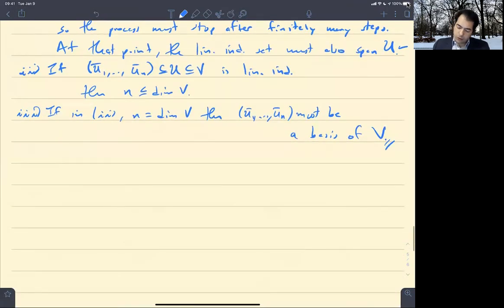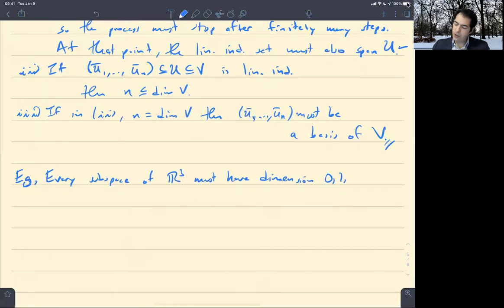Okay, so that tells us this theorem, which seems very obvious, it should be very intuitive, tells us, for example, that every subspace of R3 must have dimension zero, 1, 2, or 3.